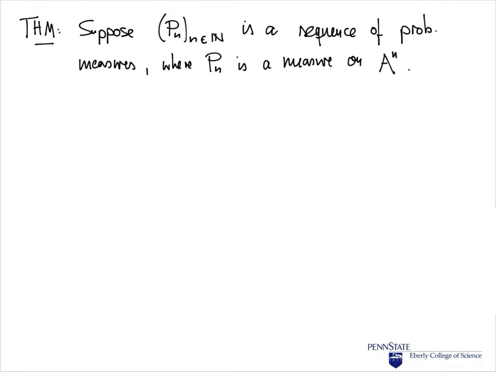So here's the statement of the Kolmogorov extension theorem. I'm not going to prove it. I'll refer you to any standard probability theory text. So suppose Pn is a sequence of probability measures, and each Pn is a measure on the set of strings of length n over A. It's a finite set if our set A is finite.